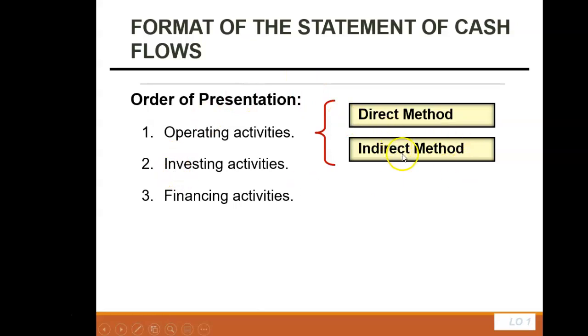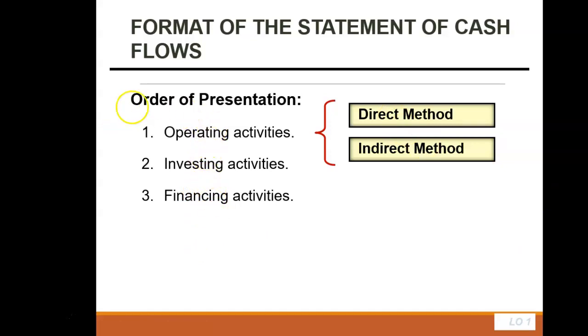With the indirect method, we're going to begin with what we call an accrual-based net income, and convert that over to what's known as a cash-based net income. Under either approach, the investing and financing activity sections stay the same.